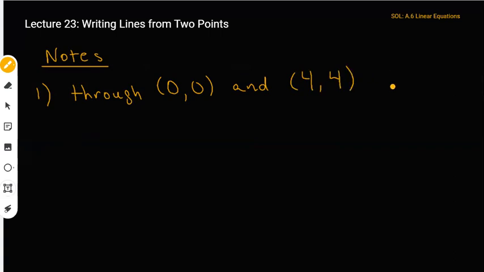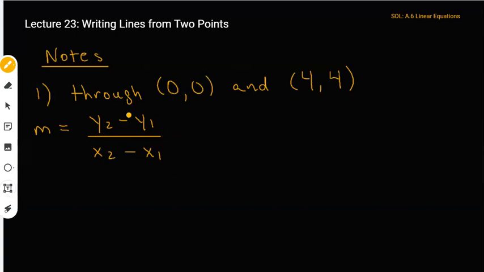So I'm given these 2 points, and what I want to do first is I want to find the slope. The slope is going to be subtracting the y's on the top, y2 minus y1 over x2 minus x1.